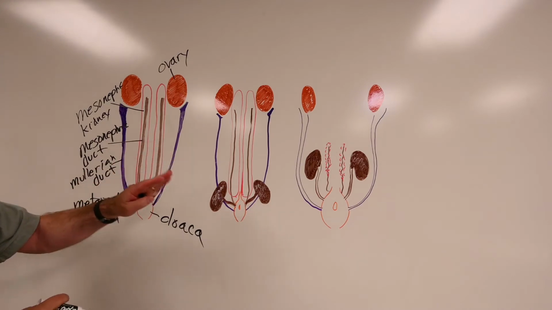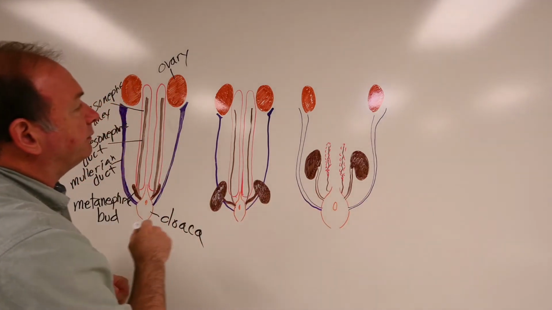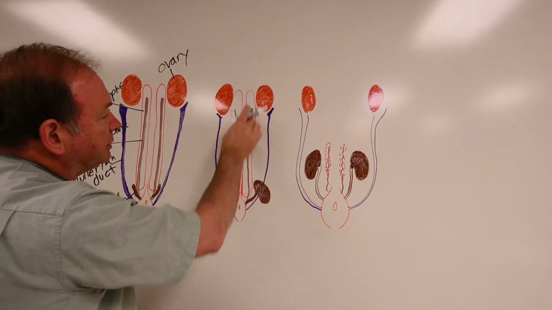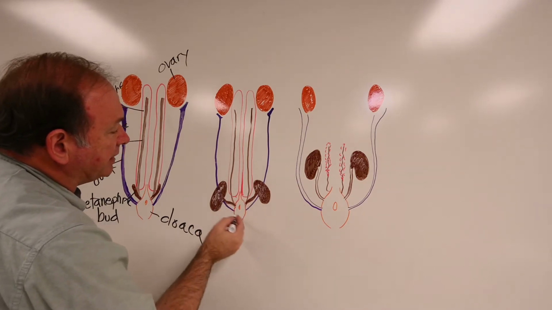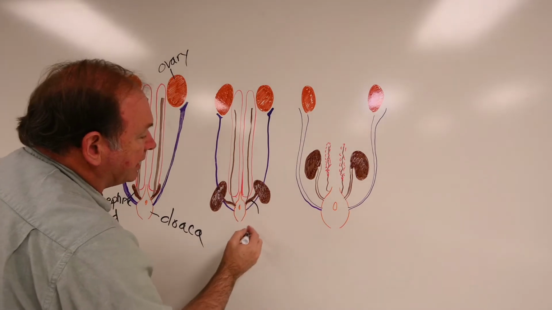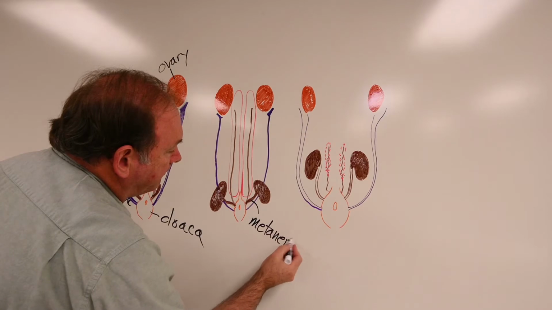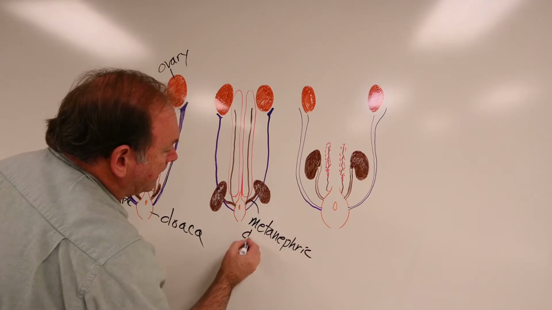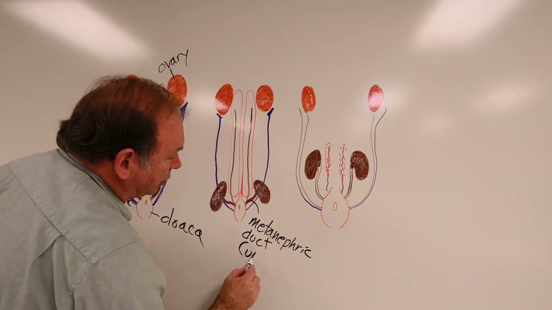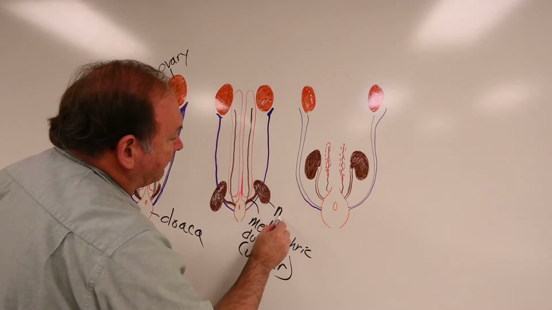Very much like the last one we saw, we're just designating this now as female to see what goes on from here. So we still have two ovaries, two Mullerian ducts, we still have our mesonephric ducts, but we see this outgrowth from the metanephric bud, so that now this can be called a metanephric duct, which is the same thing as a ureter. And this is our metanephric kidney.